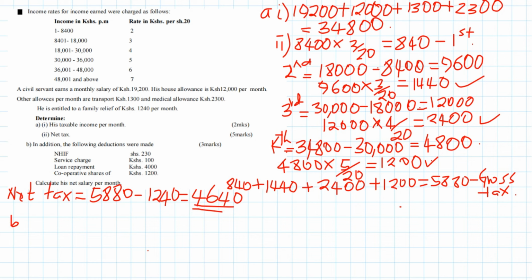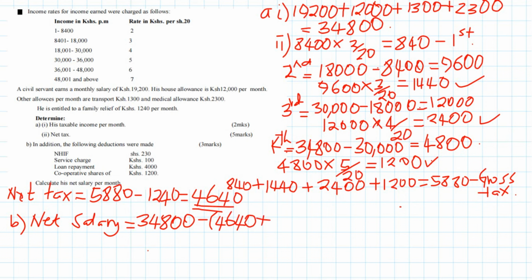So in this case now, to get the net salary, we will take the gross pay for this person, whereby we know that the gross pay is the 34,800. Then we take away all these deductions. We start with the tax that he is supposed to pay. So that is 4,640.